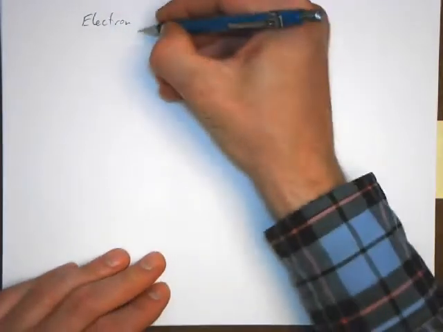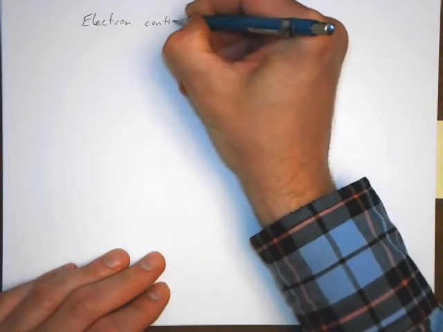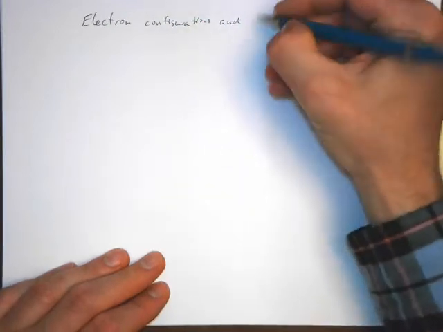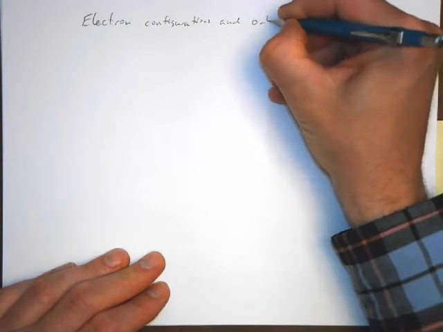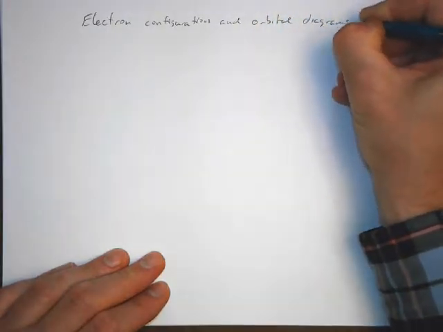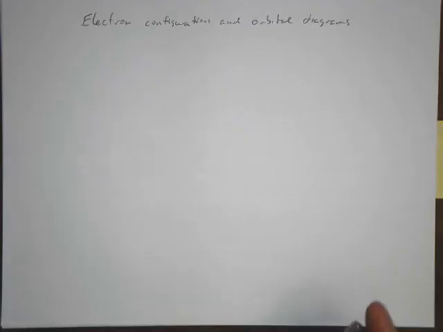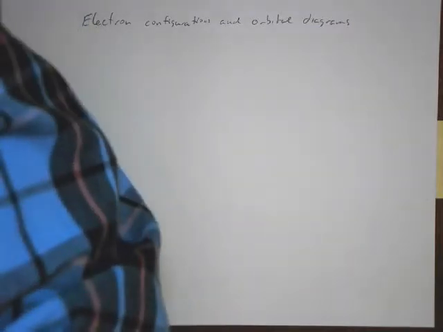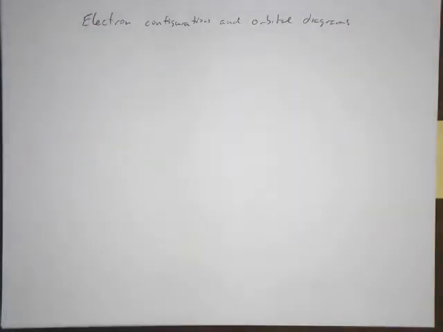So electron configurations and something called orbital diagrams. Okay, so let's think about electron configurations first.